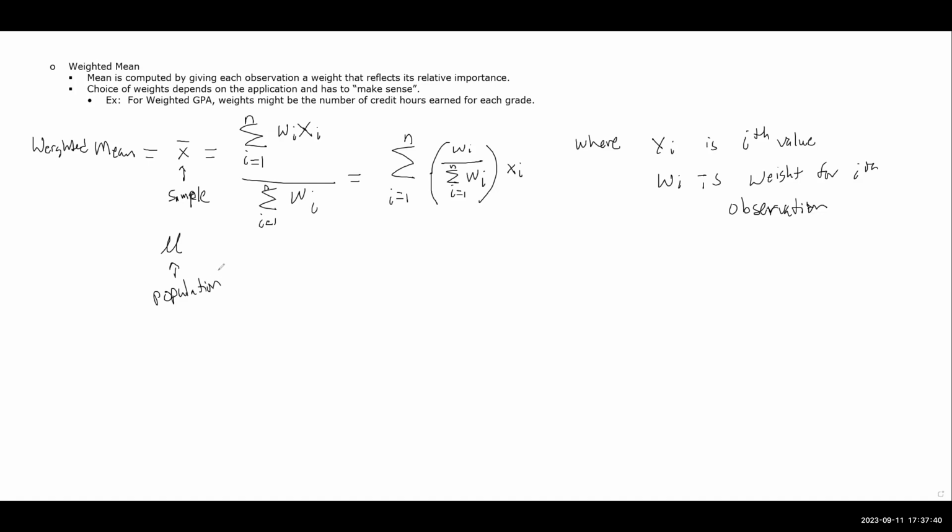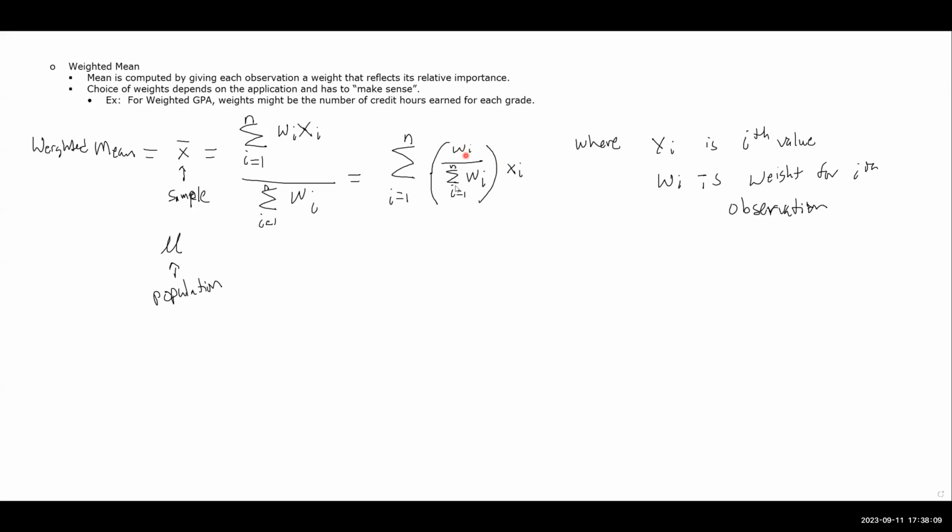All right. Now let's talk about this formula. Again, these two are identical. This one is just saying, okay, for each ith value, we're going to multiply it by the weight, sum them all up, the weighted sum for each i, and then divide it by the sum of all the weights.